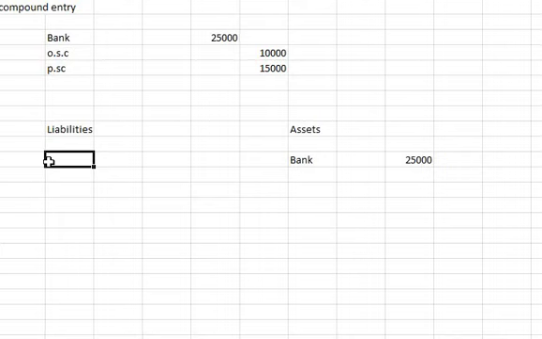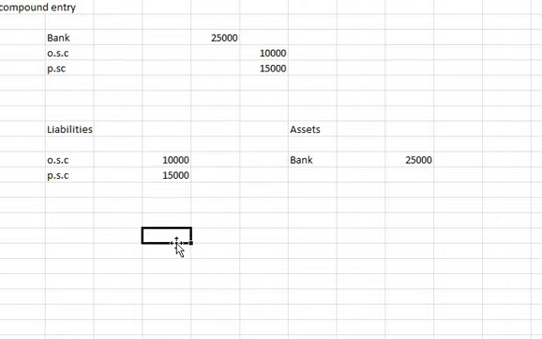There we will be recording ordinary share capital 10,000 and preference share capital 15,000. Now your debit and credit tally. Is it clear? So don't write in short form like this. Write it as ordinary share capital and preference share capital. So this is your second case.